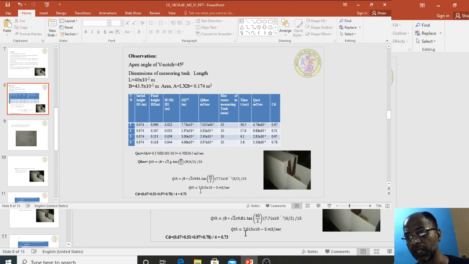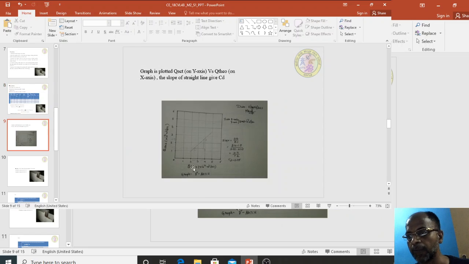We made one more way of calculating CD by using a graph. You can see here we prepared a graph of Q theoretical on the x-axis and Q actual on the y-axis. I took 2 units equal to 10 to the power of minus 4 meter cube per second on the x and y axes. For the 4 points, by the equal area method, you plot a line, you will get a flow line, and the slope of this line will give the coefficient of discharge.